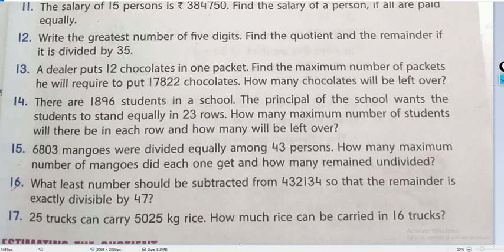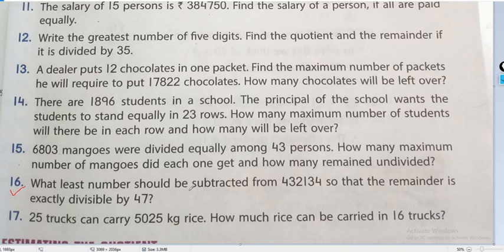So now see students, see the next question very carefully. They are simply saying what least number should be subtracted from 4,32,134 so that remainder is exactly divisible by 47. Now understanding of this question is very important. Okay, so in order to make you understand this question beta, I am just taking a very simple example.